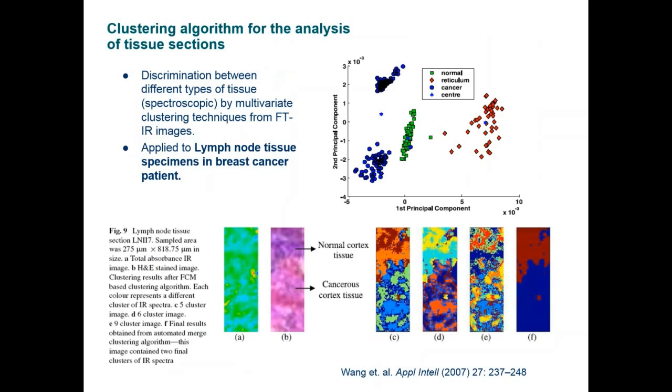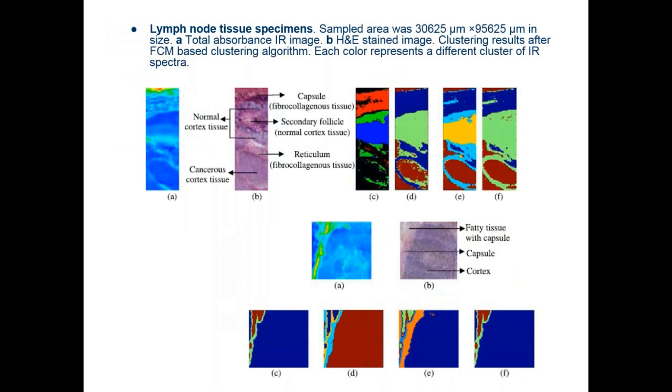One can use false-color mapping to investigate the distribution. And we usually do this by fixing the frequency over a particular range and then looking at that specific frequency on the image. Here is a lymph node tissue specimen that was sampled in a 3 by 10 millimeter sample, which is measured in microns.